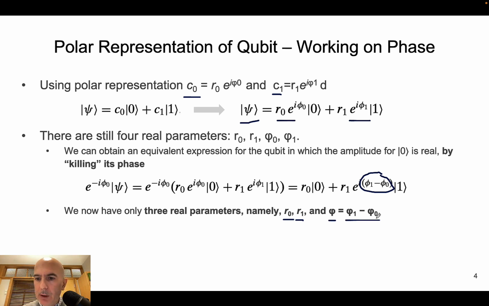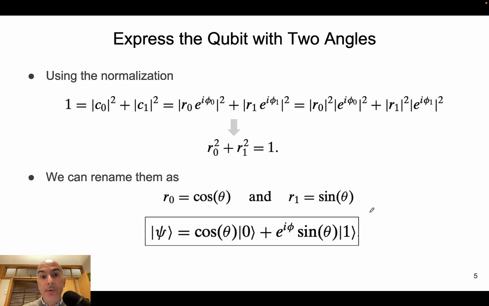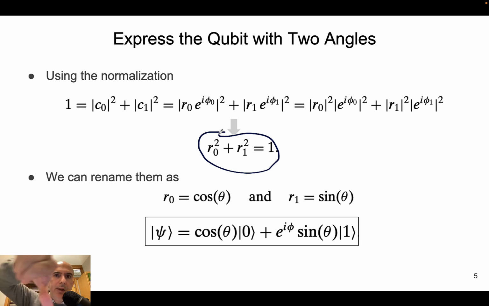This is equivalent. Also, to kill the third degree of freedom, we can use the normalization constant. We know that our vector can only be on a sphere of radius 1. So we can use this additional transformation to express rho naught and rho one depending on an angle theta.